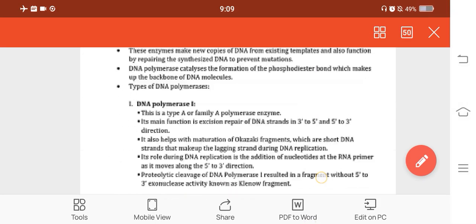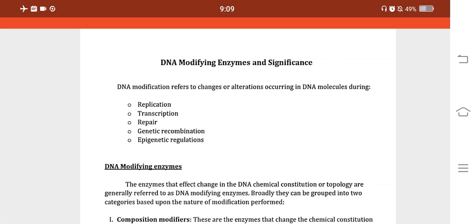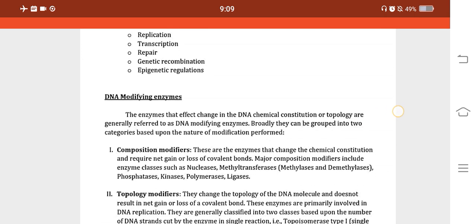So once again, a quick recap of these enzymes. DNA modifying enzymes and significance. DNA modification refers to changes or alterations occurring in the DNA molecule during replication, transcription, repair, genetic recombination, epigenetic regulations.